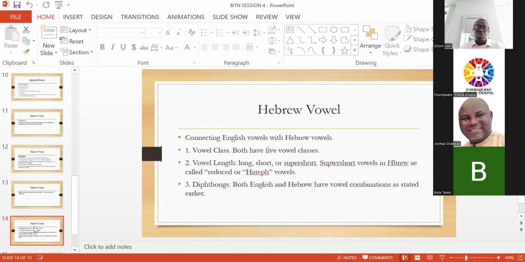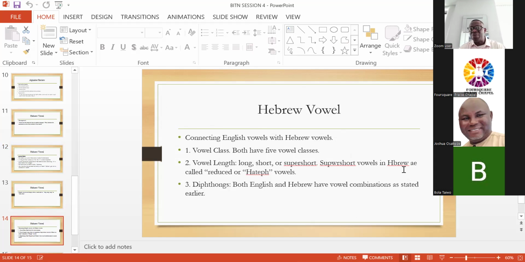Now, we just connect, say a few things here, and then we stop here, okay? So connecting English vowels with Hebrew vowels. Remember this, in terms of vowel class, both have 5 vowel classes, like we said before, A, I, E, O, U. It's the same thing in Hebrew. The vowel length: vowels can be long, short, or super short.